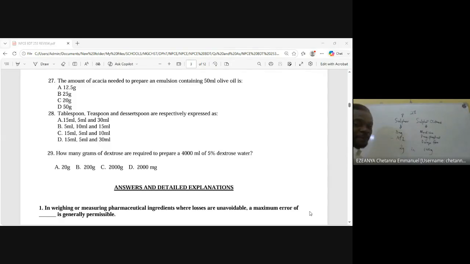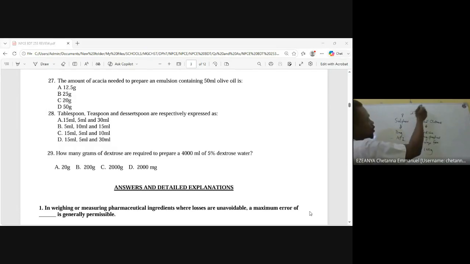So after preparation, if you did your work well in the production, every 100 grams of this sulfur ointment must contain 2 grams of sulfur. That's the meaning.